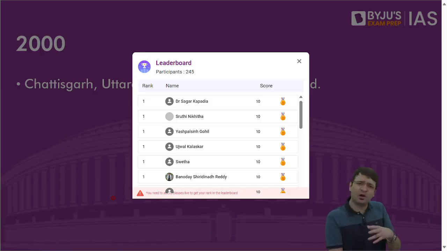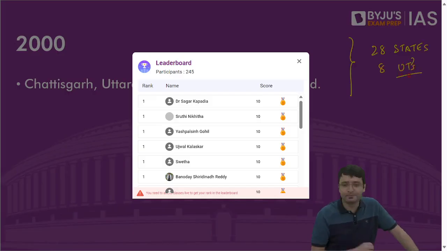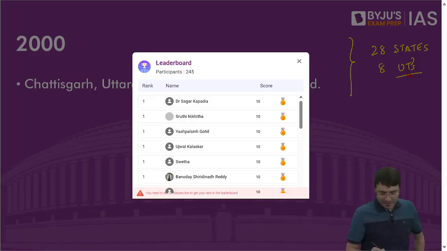Prior to that, we saw more states created. Andhra Pradesh was bifurcated into Andhra and Telangana. And now at this time, we have 28 states and 8 union territories. But let me ask you, was it good to create states on linguistic grounds?